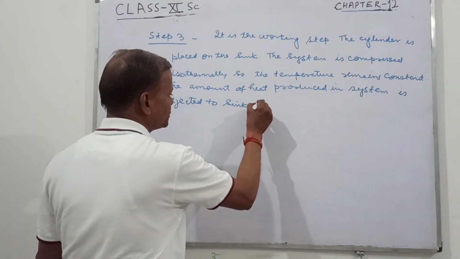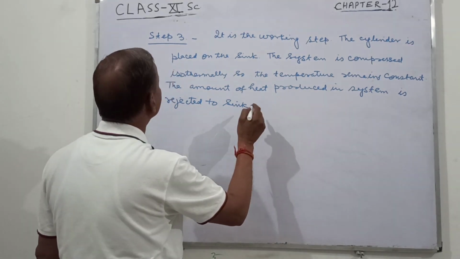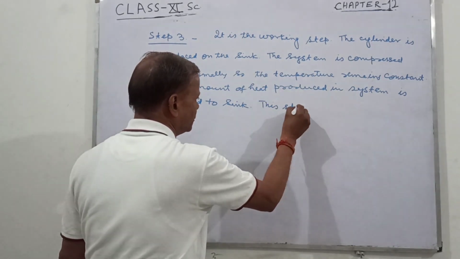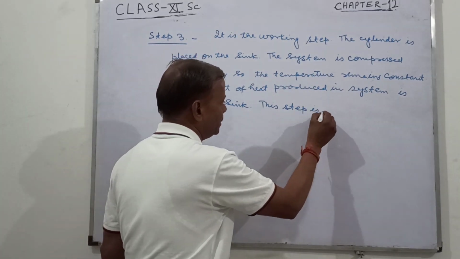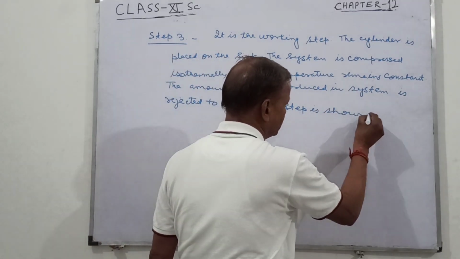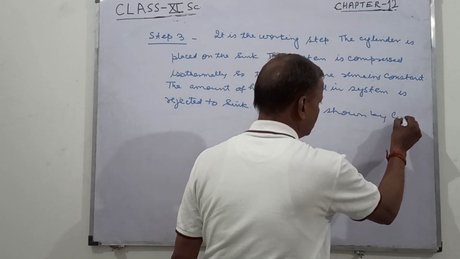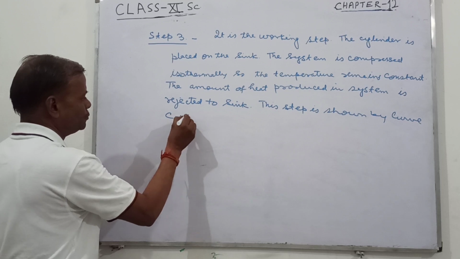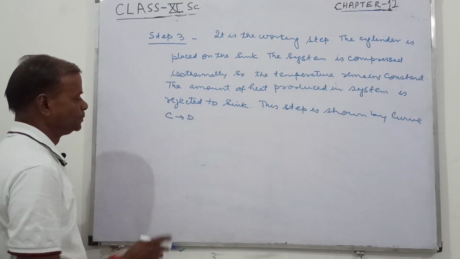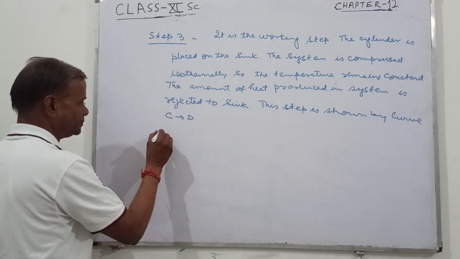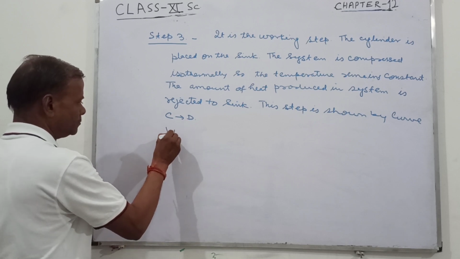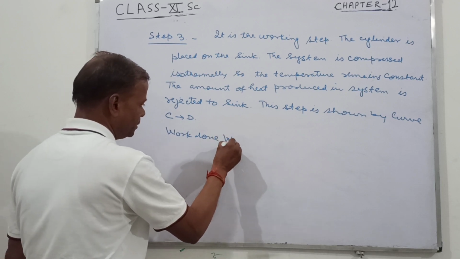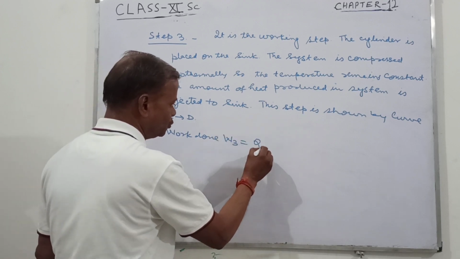So this step is shown by curve C to D. The heat rejected, work done W3 is equal to Q2.